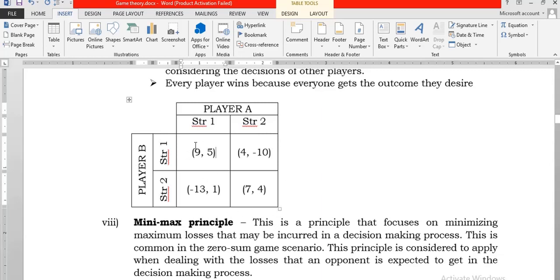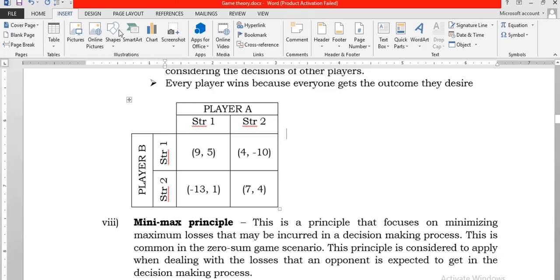So if you move to 1, 2, you get this particular payoff, which is very much lower compared to this one, and it's even detrimental on the side of A. If you move to this particular strategy of 2, 1, it will affect B significantly, negatively. If you go to strategy of 2, 2, it is also positive, but it is lower than 1, 1 in terms of payoffs. So because of such a situation, strategy 1, 1 is considered to be the Nash equilibrium.